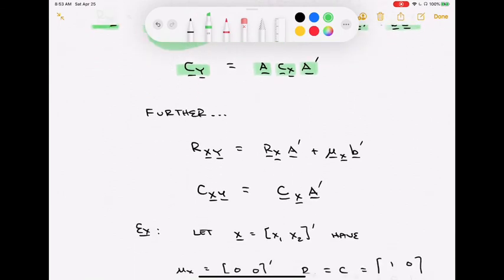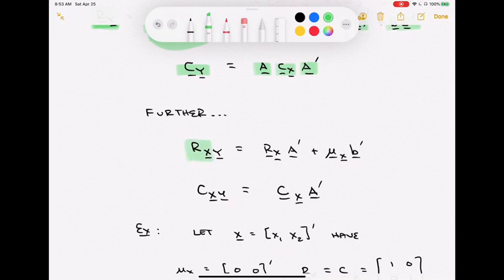Further, what else can we do? Now, because we have a vector y, which came out as some function of x, we can also look at things like the cross correlation and the cross covariance between x and y. This gives us some information about just how related x and y are, or in what ways they are related.